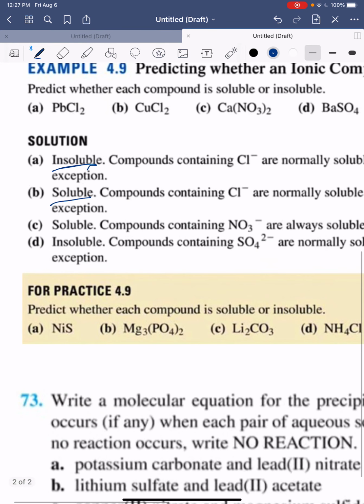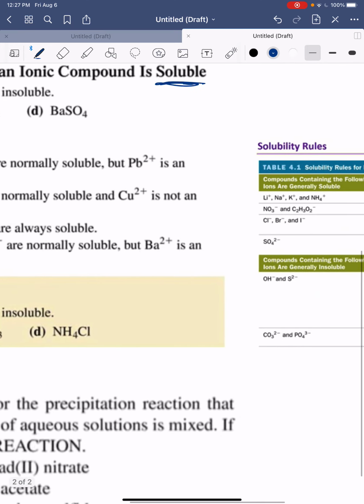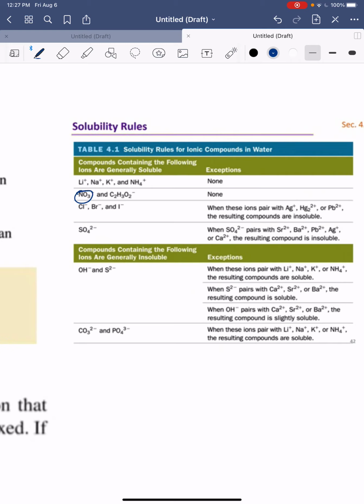For C, we have calcium nitrate. Let's look for nitrate here. Things with nitrate, it says, are generally soluble. What are the exceptions? Nothing. So any element paired with nitrate is going to be soluble.